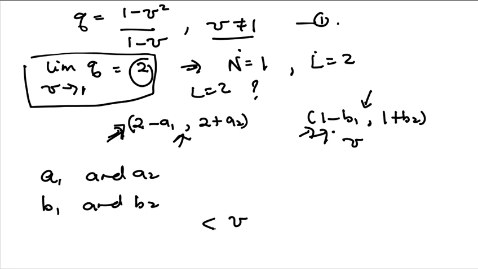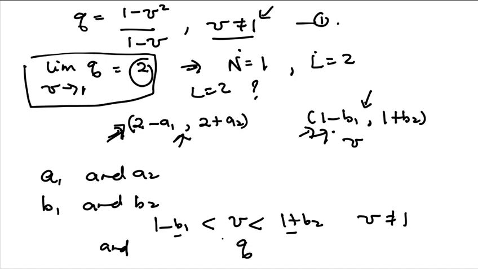V must be between 1 minus B1 and also 1 plus B2, but doesn't include these two, with this restriction because of the earlier restriction here. And also at the same time, Q must be between 2 minus A1 and 2 plus A2.